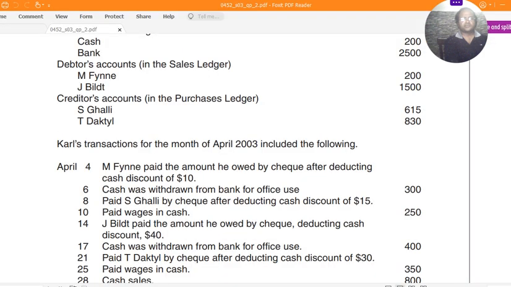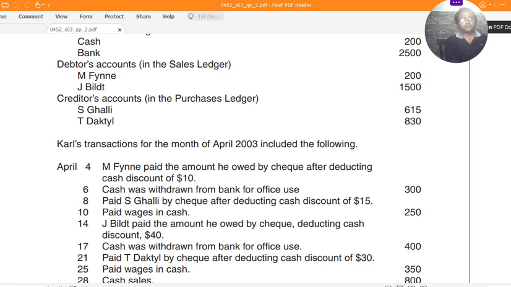Okay, the next part is: J Bullet paid the amount he owed by check, deducting 40 rupees discount. So here J Bullet owes us 1500 rupees, or dollars, and he gives it back through a check to the business.